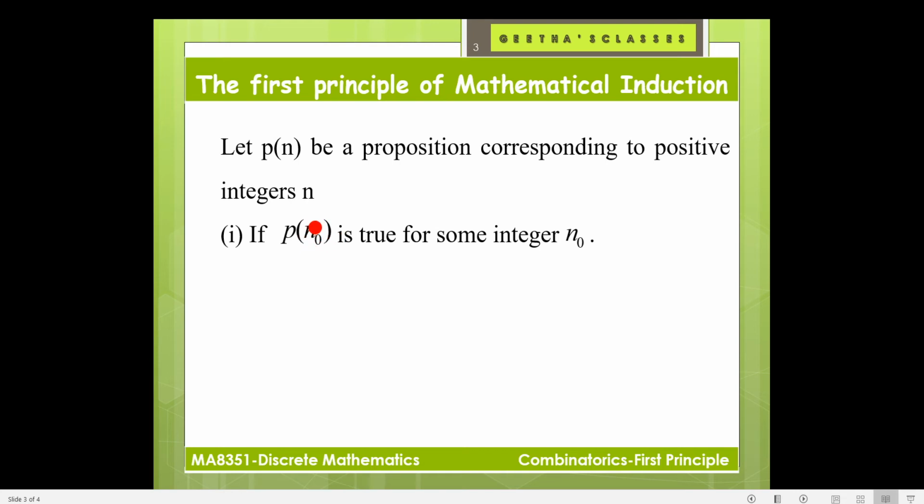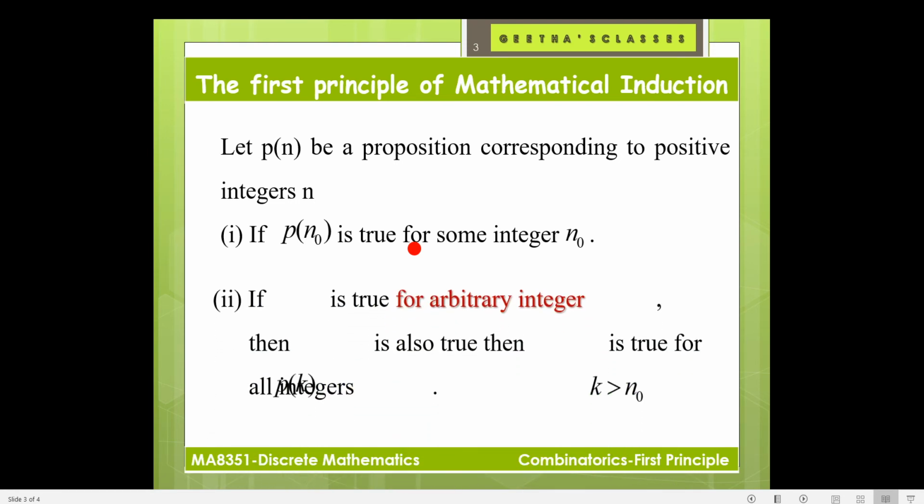Starting value is 1, so we have to prove that p of 1 is true. In the place of n naught we substitute 1. If the question is in terms of some other number apart from 1, it may start from 2 also. If it starts from 2, you take that number as the initial number. So n naught is nothing but the initial number. So the first step is finding that p of n naught is true.